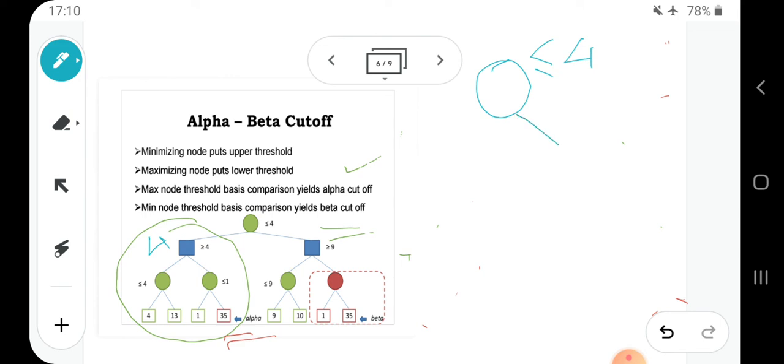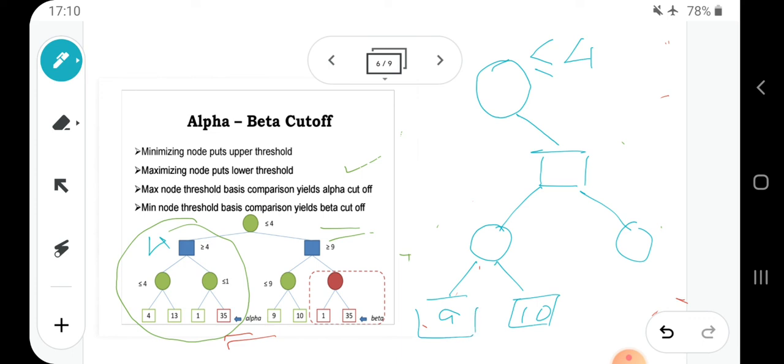Now if I draw the right hand side of the tree, here you can see we have a maximizing node. With respect to that, we have two minimizing nodes. With respect to those, we have some maximizing nodes with values 9 and 10, which are the leaf nodes, and we have values 1 and 35.